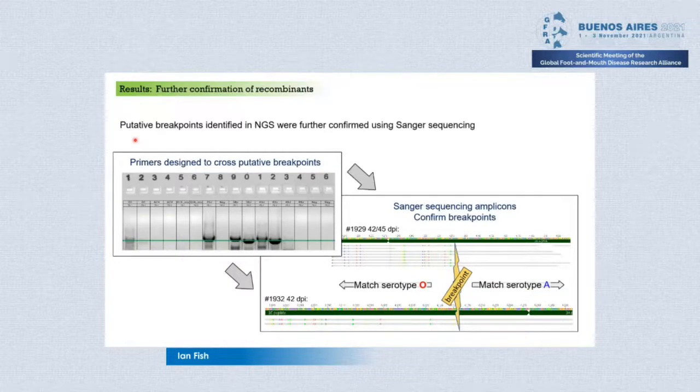So we further confirmed these recombinants through RT-PCR using primers that crossed the breakpoints, followed by Sanger sequencing. And all the breakpoints matched the NGS consensus level recombinants that were identified.